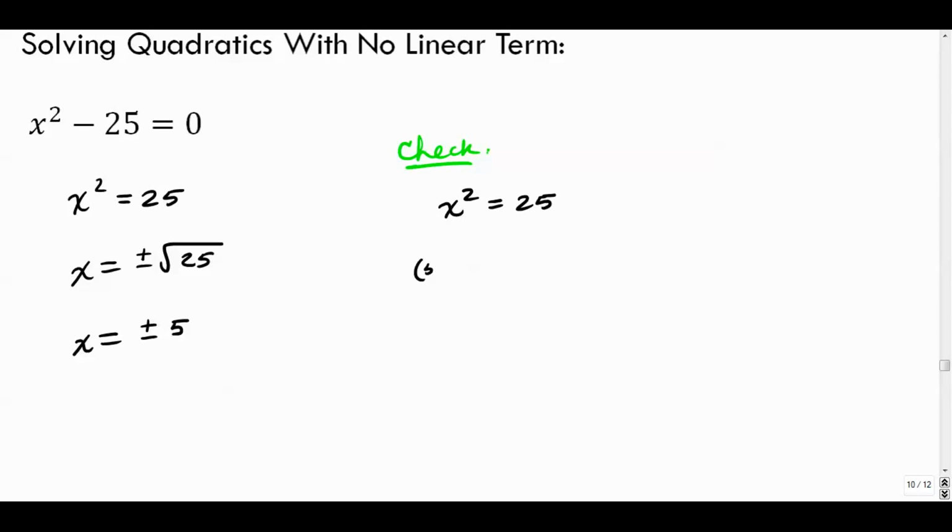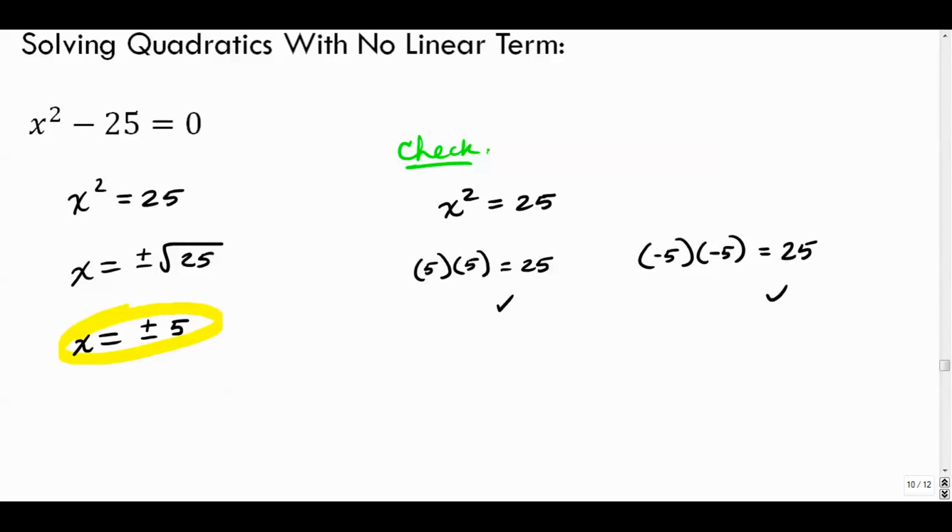Well, let's check. What's 5 times 5? Does that equal positive 25? Yeah, it does. But what's negative 5 times negative 5? Doesn't that also equal positive 25? Yes. So you have two answers here, and you have to account for both of them.